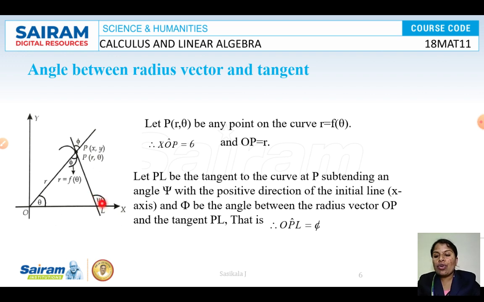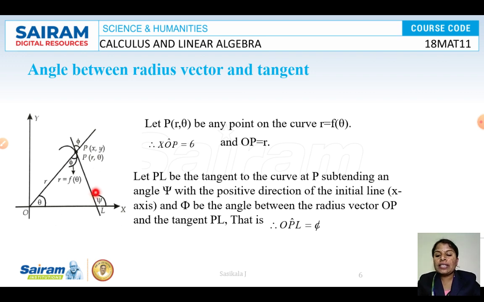And also, the angle made between the radius vector and tangent I'm considering as phi. That is what the graph has explained. Okay. So now I can write psi is equal to theta plus phi. How is it in the geometrical theorem which we learned already in school?